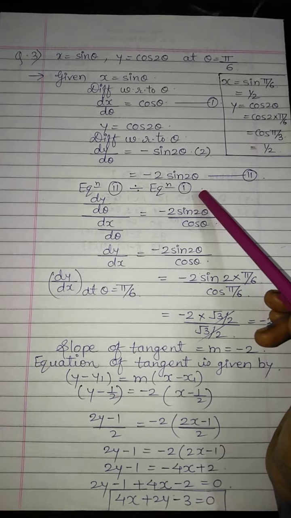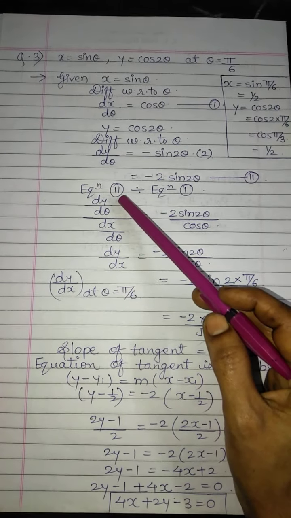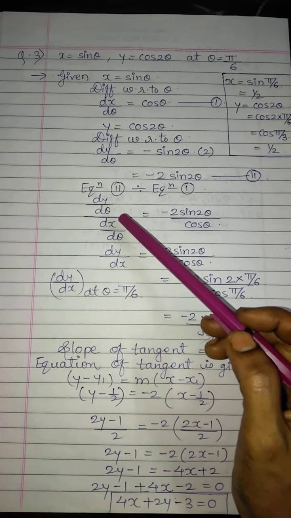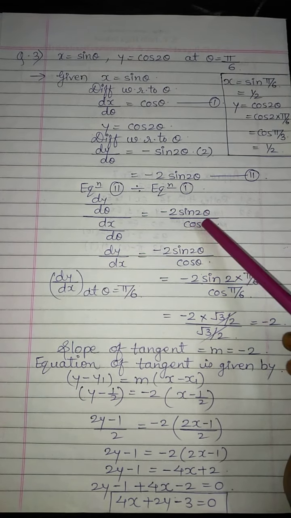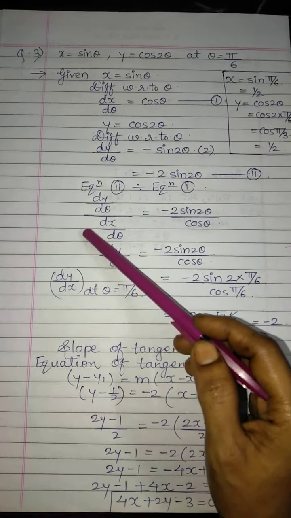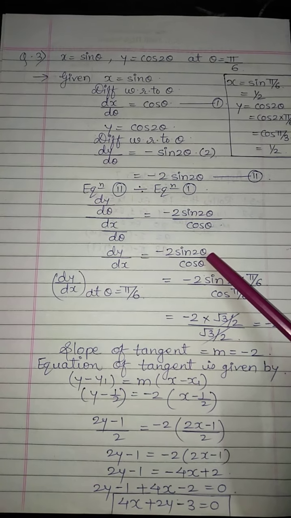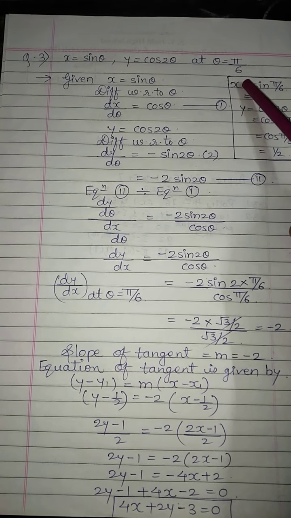Now since we want the value of dy by dx, here we are going to divide equation 2 by equation 1. So dy by d theta upon dx by d theta is equal to minus 2 sin 2 theta upon cos theta. Now d theta gets cancelled. So dy by dx is equal to this term. But we want the slope at theta is equal to pi by 6.